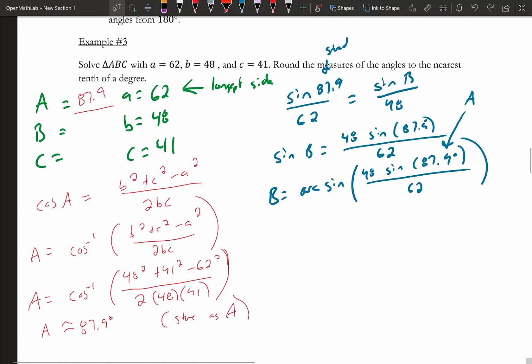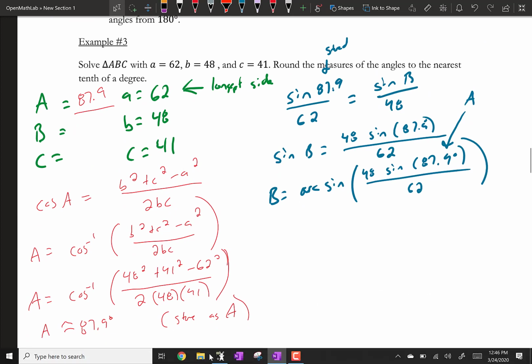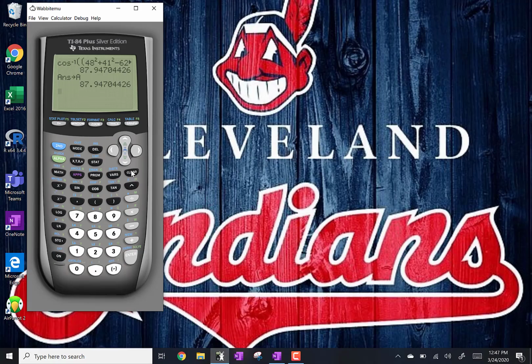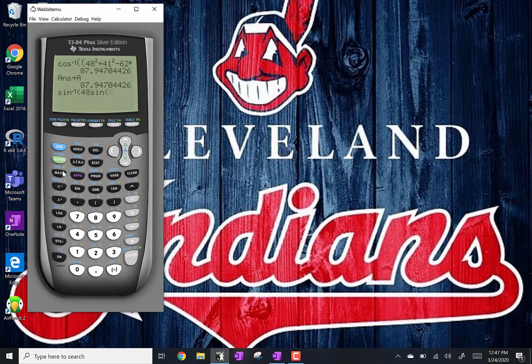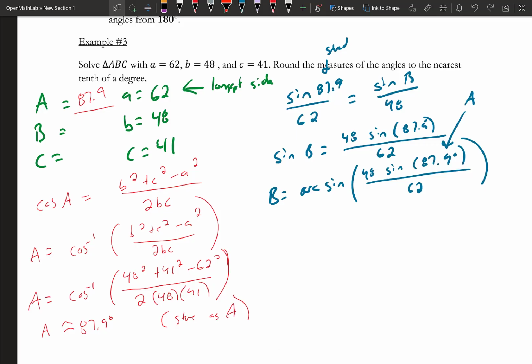Remember, arc sine is just the inverse of sine. So arc sine of 48 times sine of A divided by 62 gives me about 50.7, right?